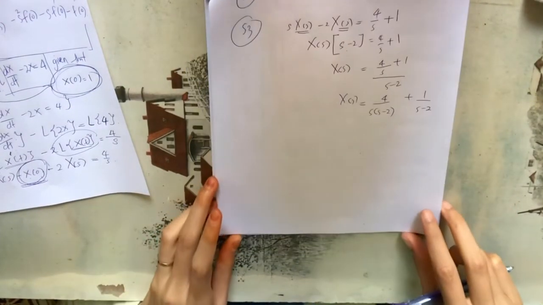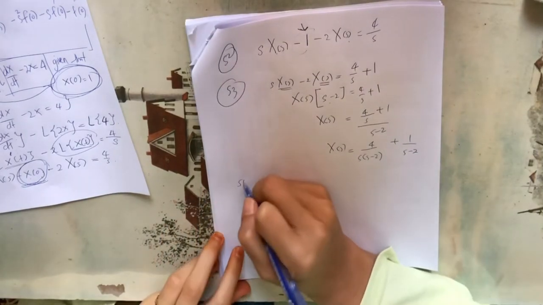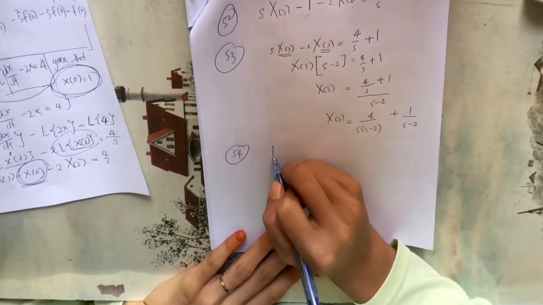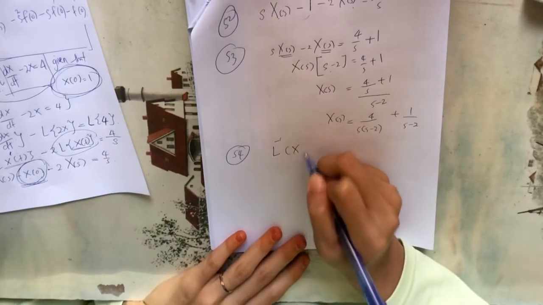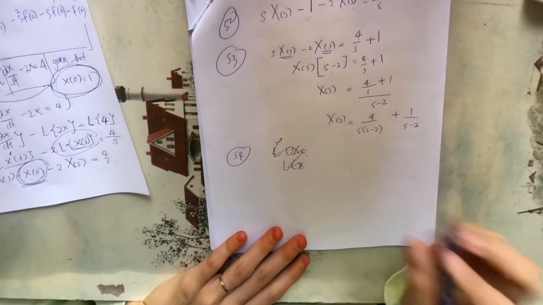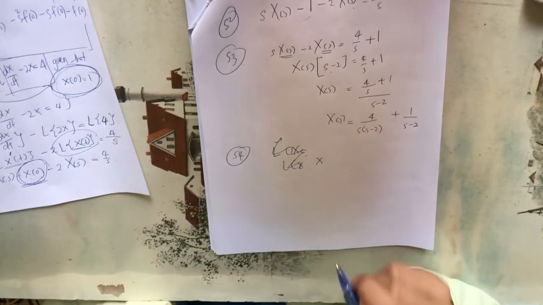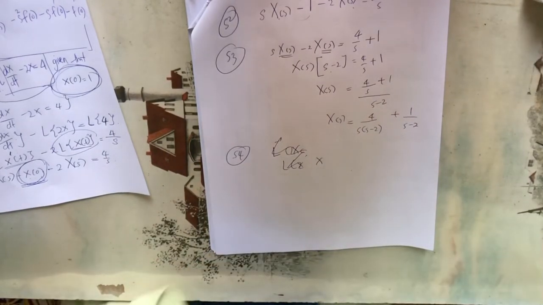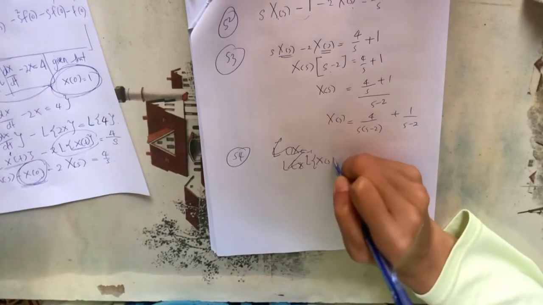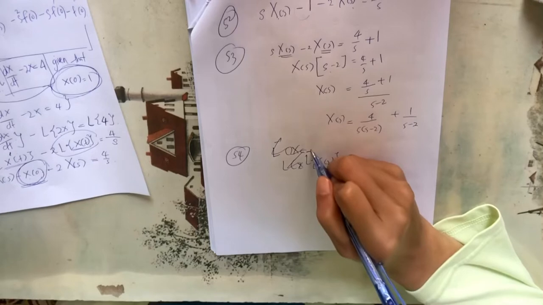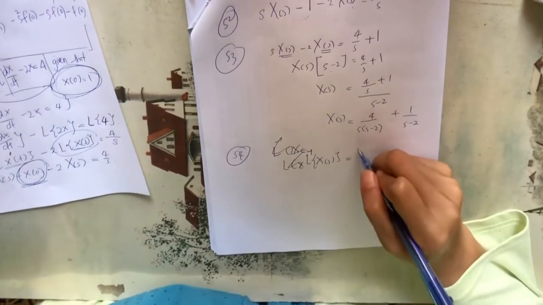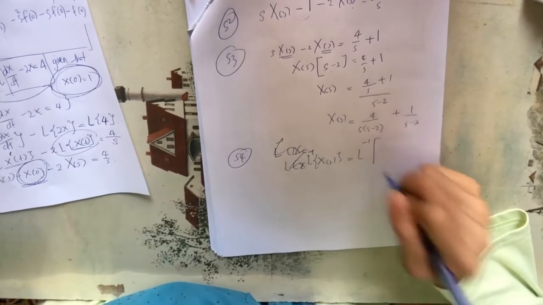And step number 4, what we need to do is find the inverse. The inverse Laplace transform is given by the Laplace transform inverse of your Xs. So that means you need to inverse all of this.